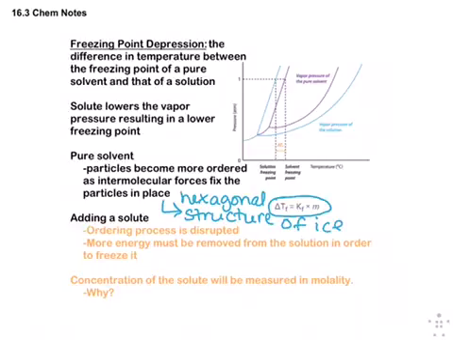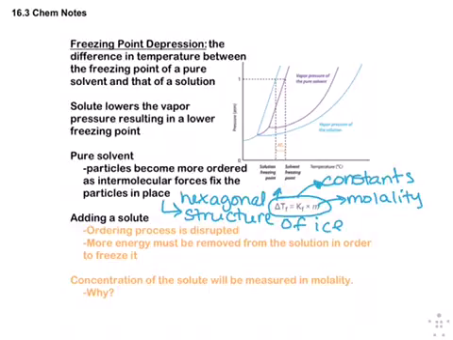The magnitude of the freezing point depression is directly proportional to the molality of the solution. I believe on the next slide, you're going to see a table of constants for various substances. And this little m represents molality.